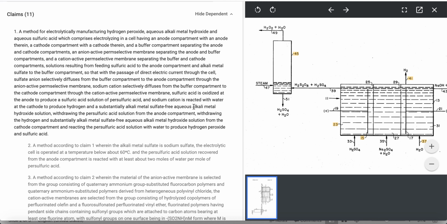So sulfuric acid is oxidized at the anode to produce a sulfuric acid solution of persulfuric acid.